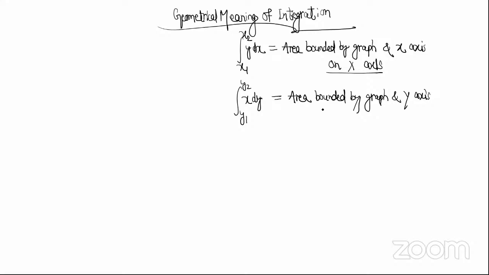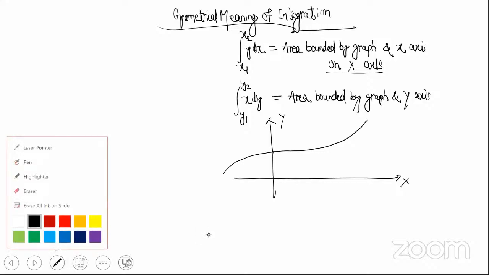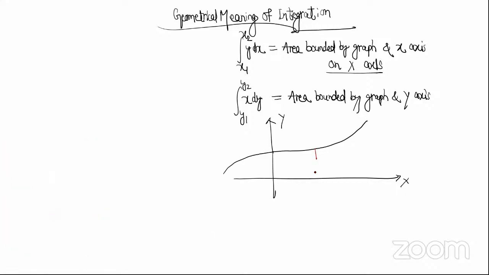For example, this is x, this is y. Let's say here is a graph. Now if I ask you how much is this area, so you see this is the area bounded by the graph and x axis. हाँ, तो this area can be written as integration y dx, है ना?